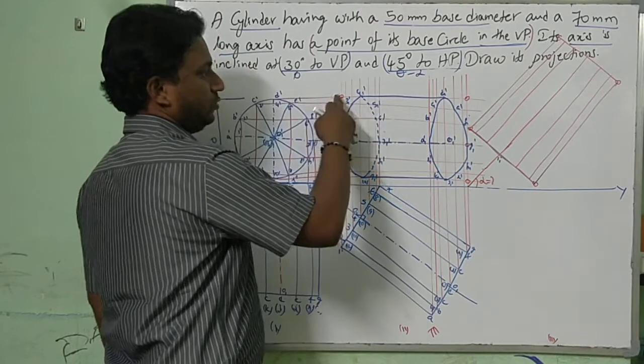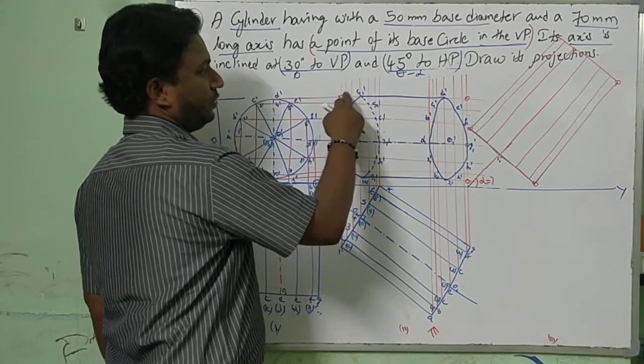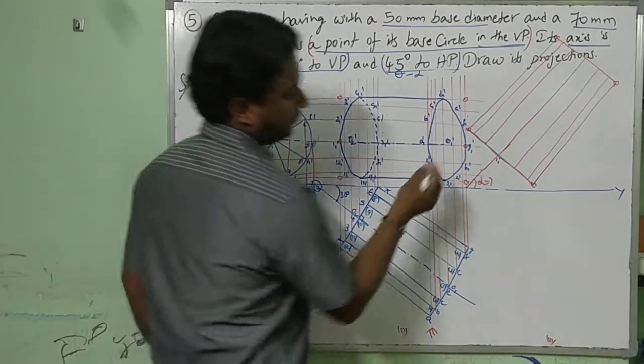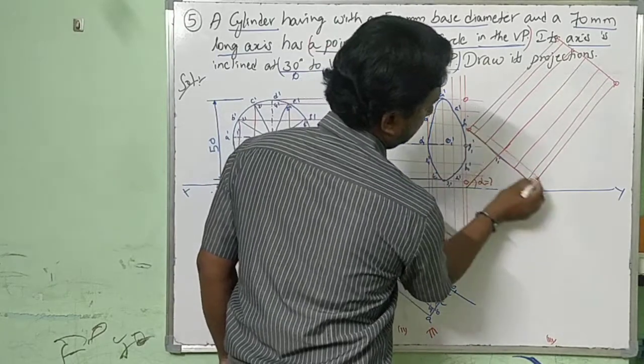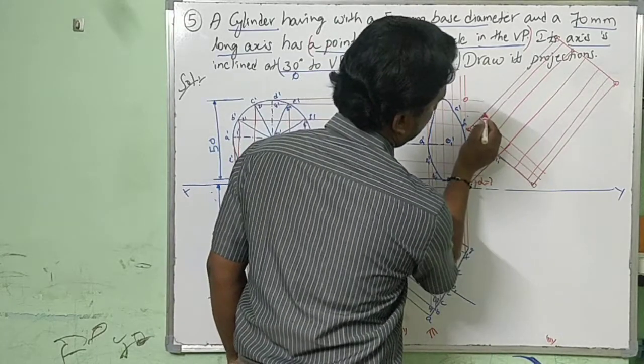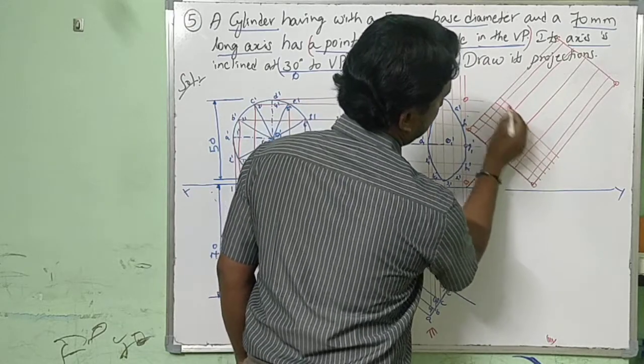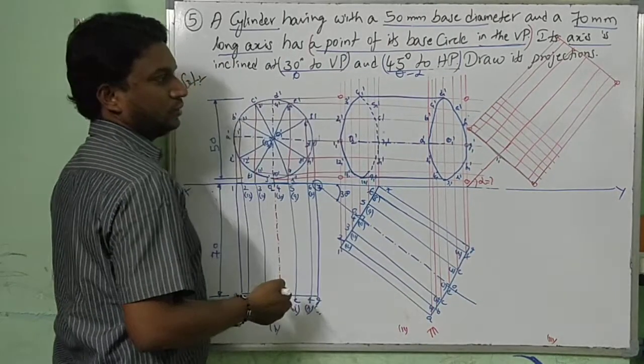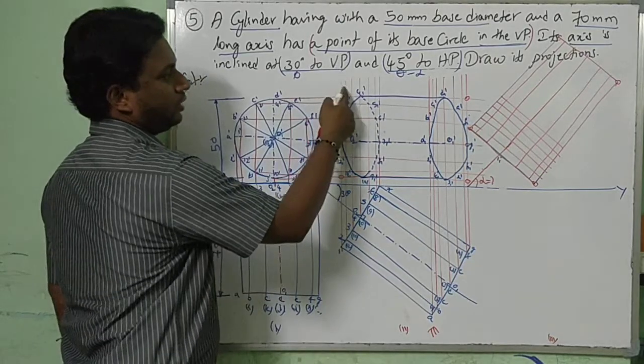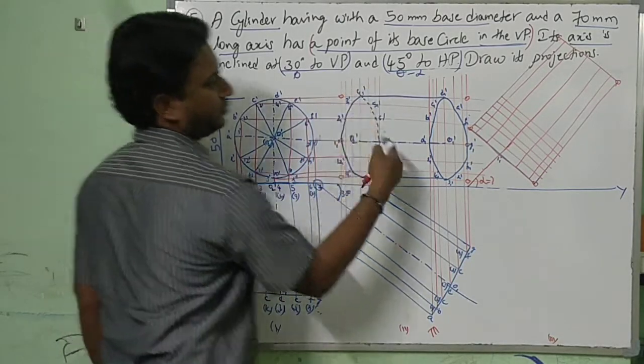Now this 1, 2, 3. After 1, 2, 3, 4, 5, 6. So from here 1, 2, 3, 4, 5, 6. 1, 2, 3, 4, 5, 6, 7 from last.